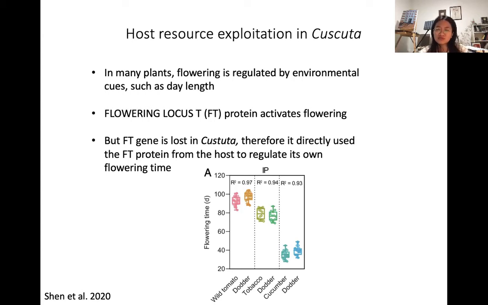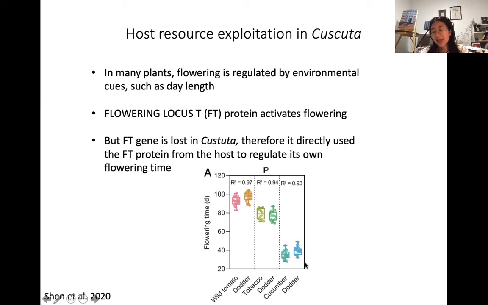And then to demonstrate that, researchers have planted Cuscuta, the parasite, with 3 different hosts that flower at different times of the day. These would include the wild tomato, tobacco, as well as cucumber.